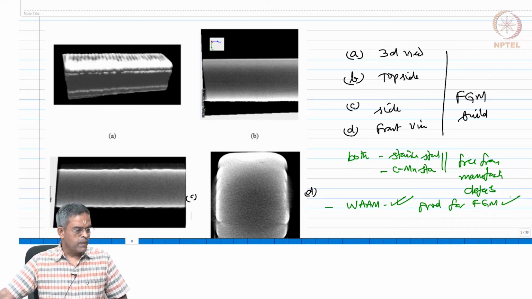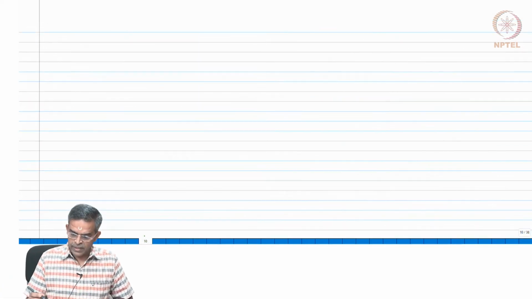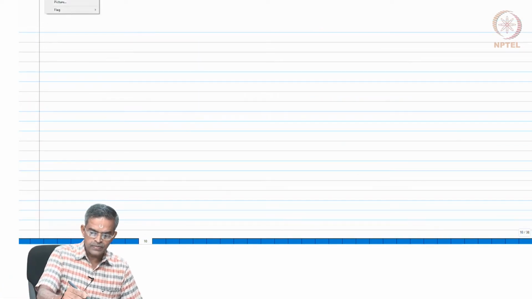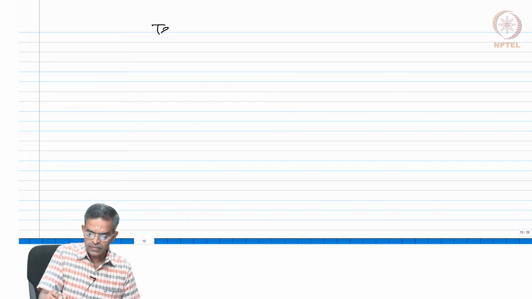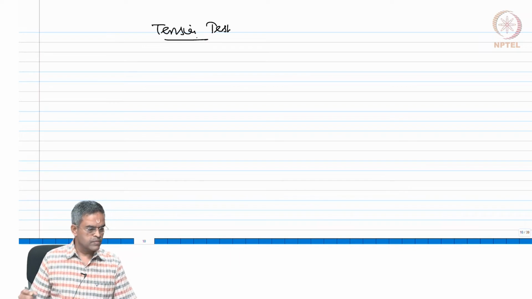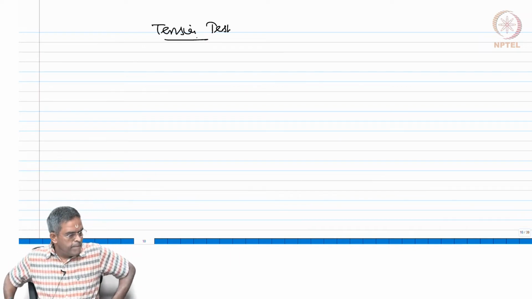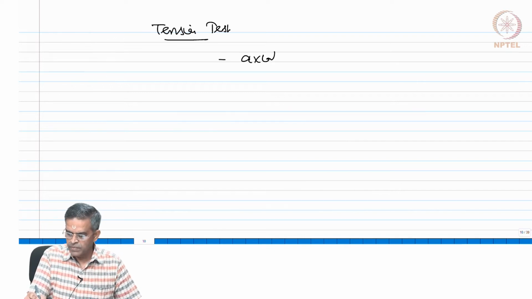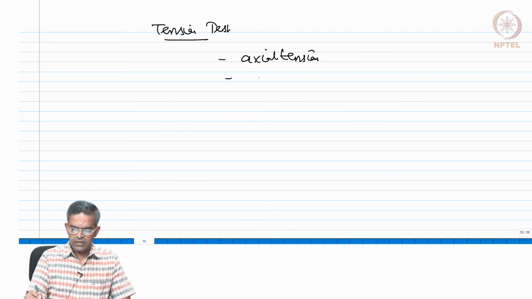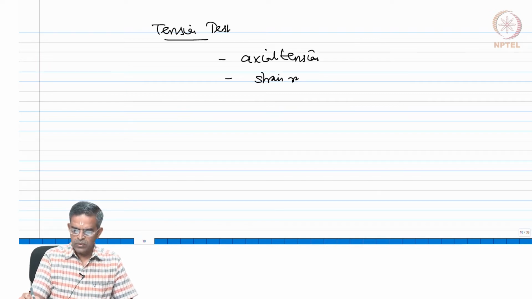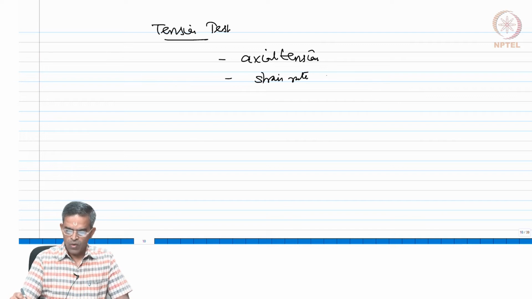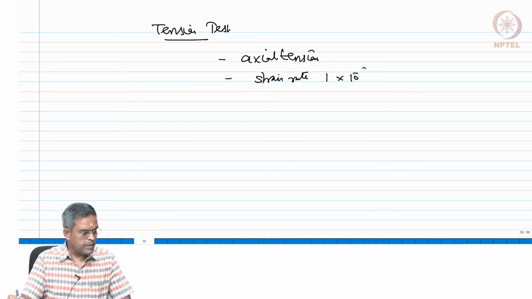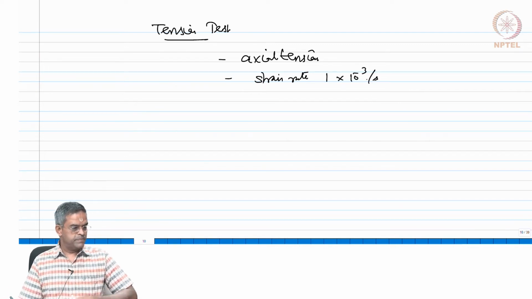Furthermore, a tension test was conducted under axial tension. The strain rate used was 1 × 10^-3 per second.